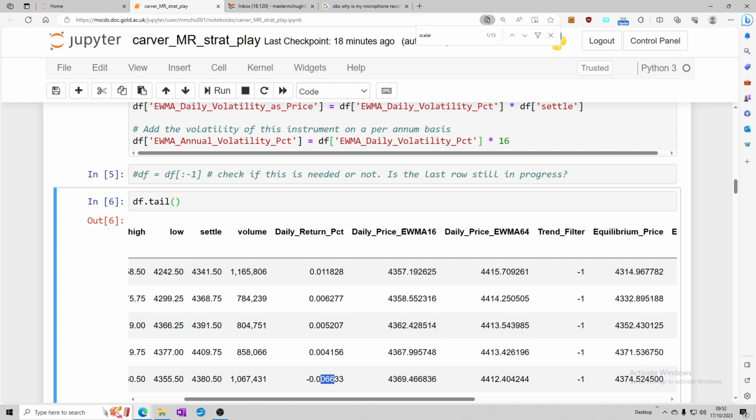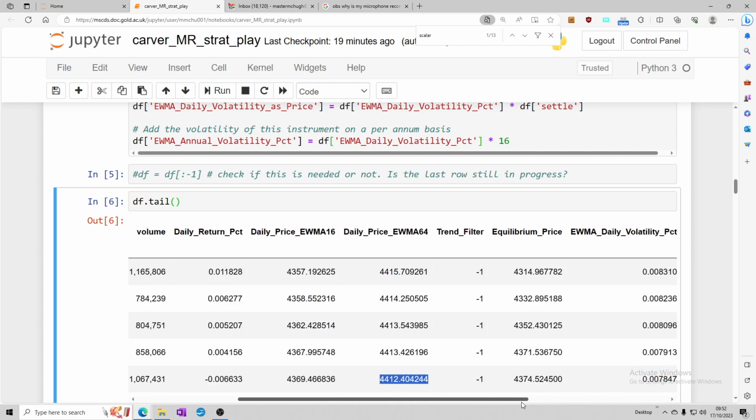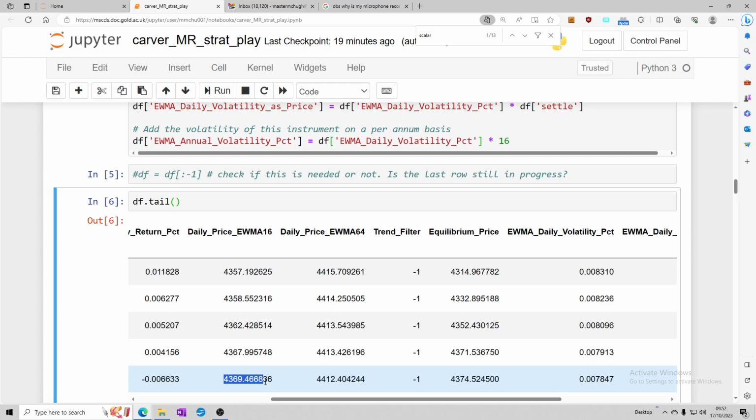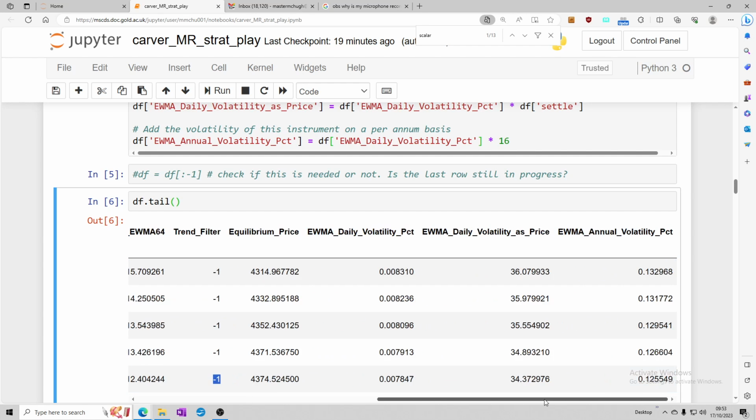The exponentially weighted moving average price using a span of 16 is this. The slower moving average is this. I can see that the fast moving average is lower, the number is smaller than the slower moving average. So I know we're in a downtrend, and that's confirmed by the trend filter column, which is showing -1.